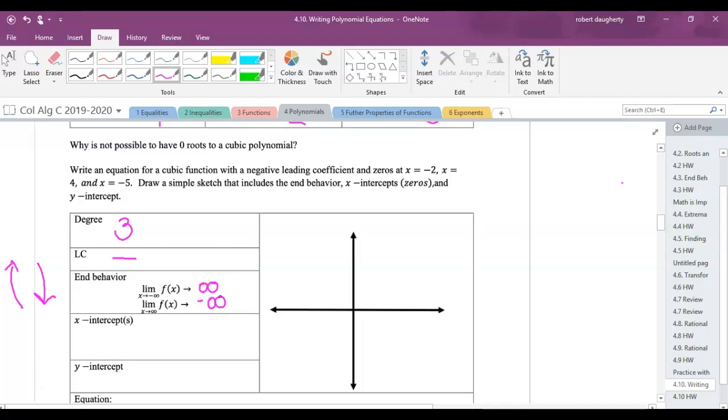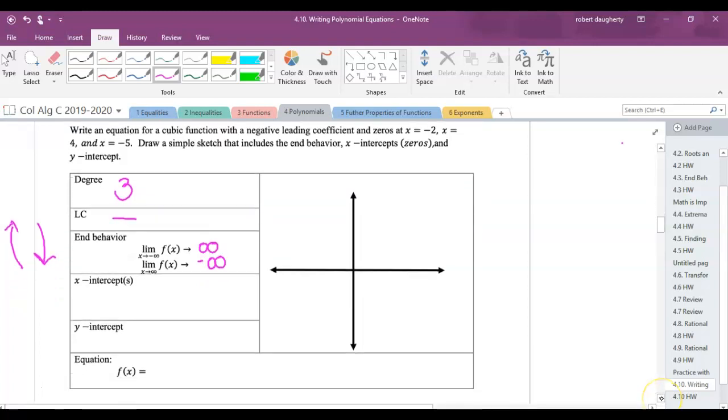Now, I know that it has zeros at -2. So if it has a 0 at -2, what has to be a factor? X plus 2 has to be a factor. Okay. It has another 0 at 4. What has to be a factor?